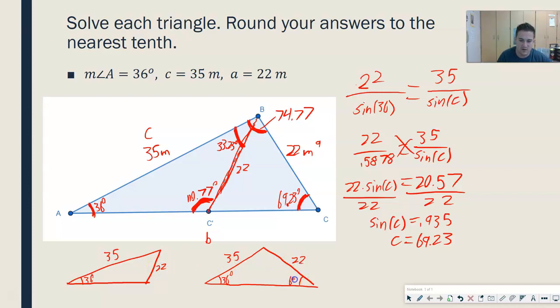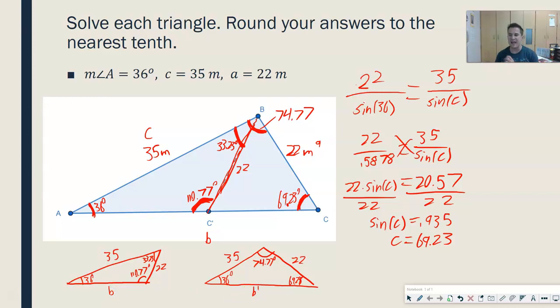This angle would be 69.23 degrees. This angle would be 110.77 degrees. This angle would be 33.23 degrees. This angle would be 74.77 degrees. And then using the law of sines, I could finish solving for this side right here. Call it, I don't know, side B and side B prime or something.